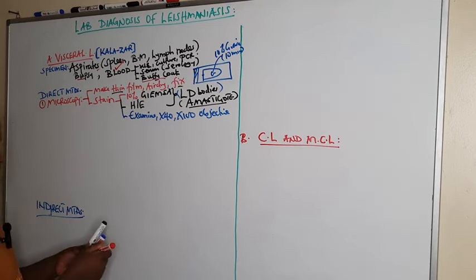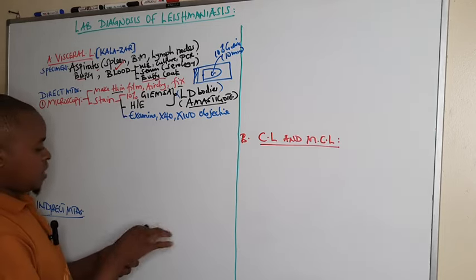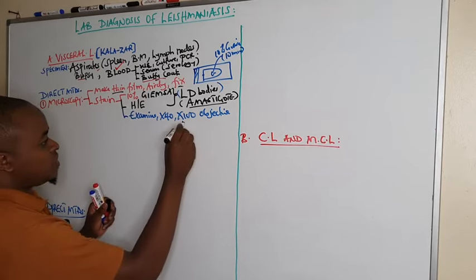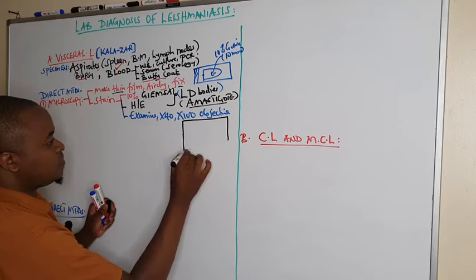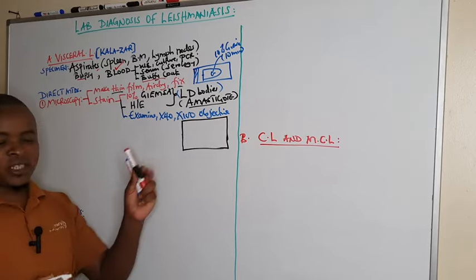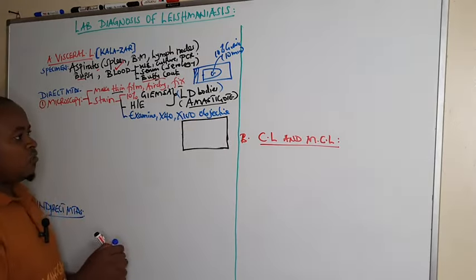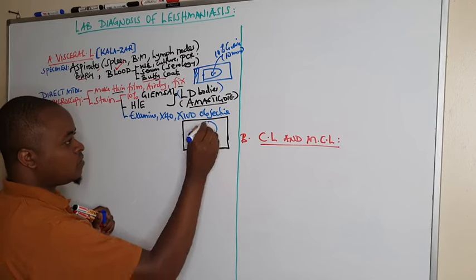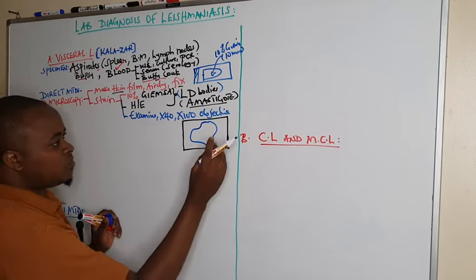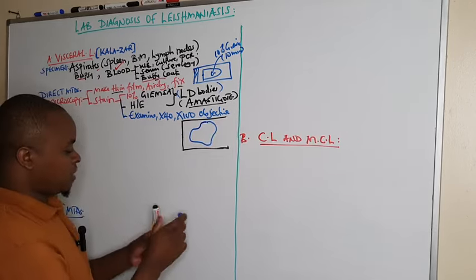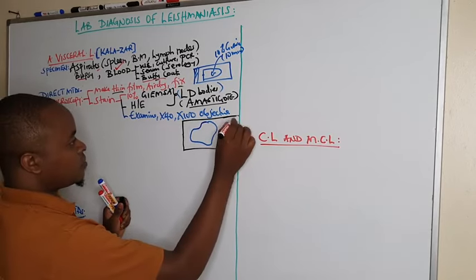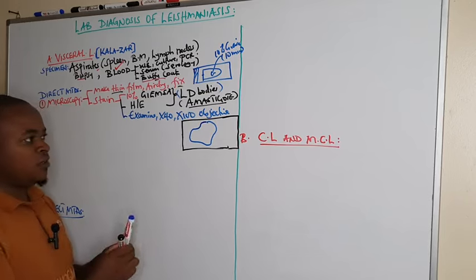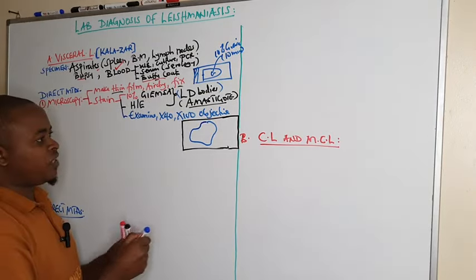If you examine them under the microscope, let me say this is a microscopic field under times 100. We said these are found in macrophages. So if this is a macrophage, or sometimes we find them in monocytes, when we have used aspirates we find them in macrophages.